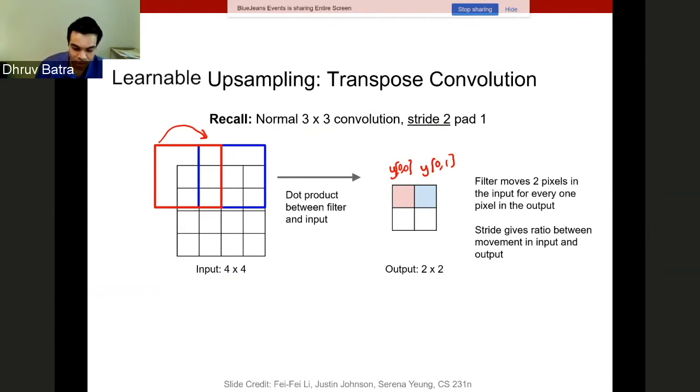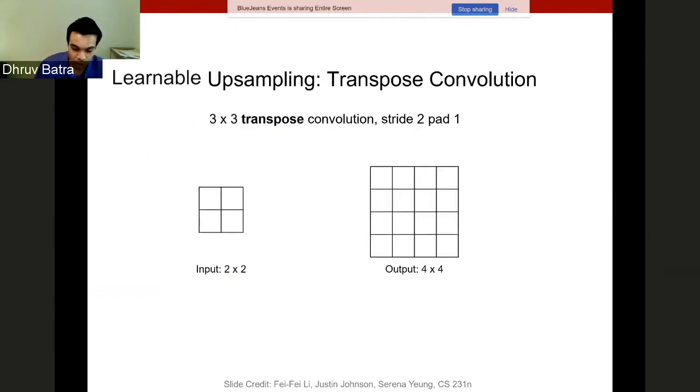So now let's meet, informally, pictorially, the transposed convolution. A transposed convolution also contains a filter, except in a transposed convolution, the input is typically smaller than the output. So the input is 2 by 2, the output is 4 by 4.